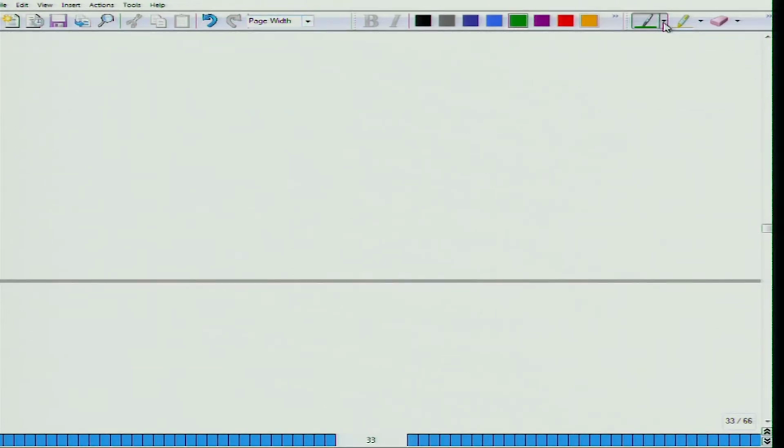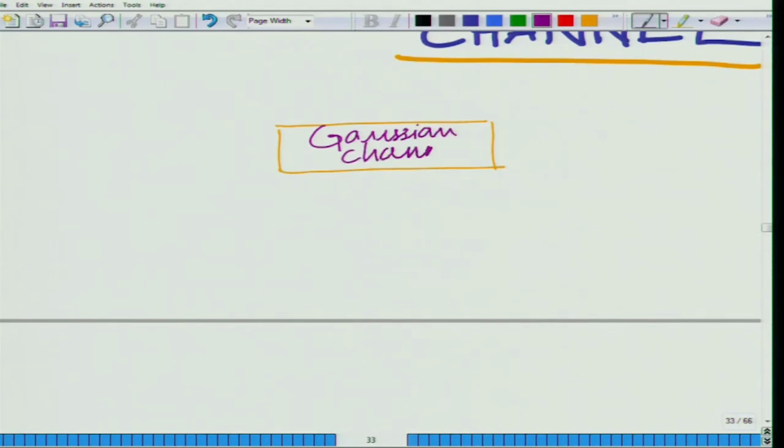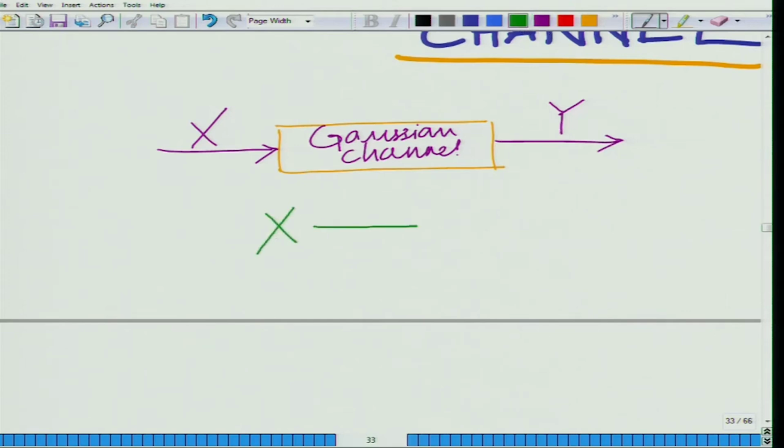As we have seen several times in this course, this is one of the most practically relevant channels. We have an input and an output, and what we mean by a Gaussian channel is that the input and the output are related by the addition of white Gaussian noise.